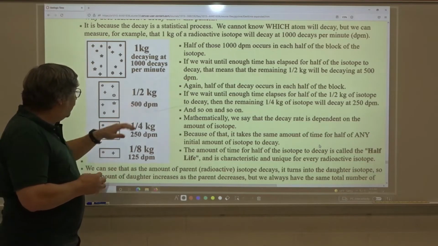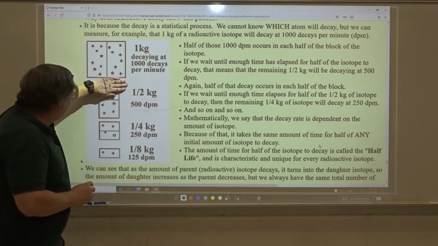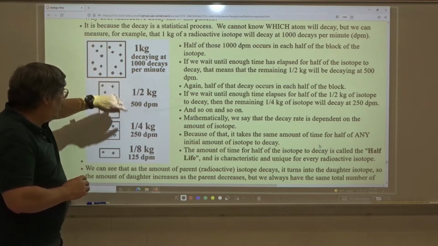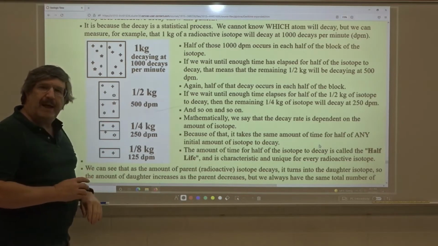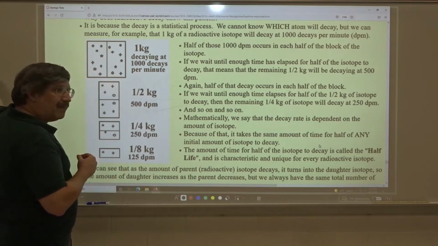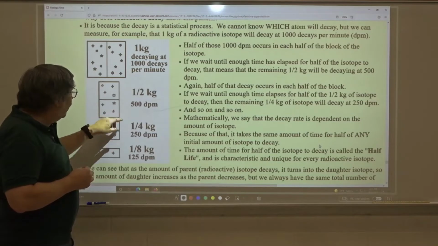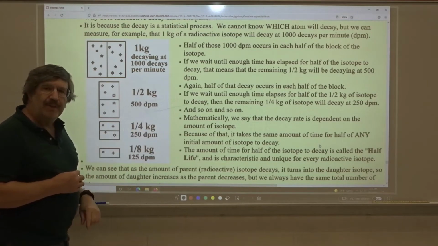Now that we have 500 decays per minute and a half kilogram, if again we physically cut this in half so that we have a quarter kilogram, we're removing this, and that means that 250 decays per minute are elsewhere, and we're only going to have 250 decays per minute in this quarter kilogram.